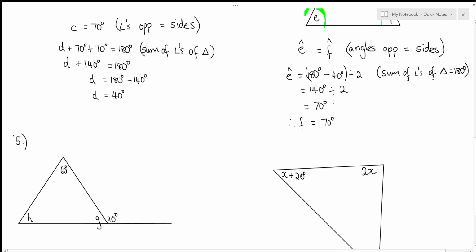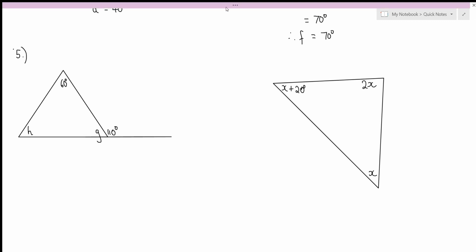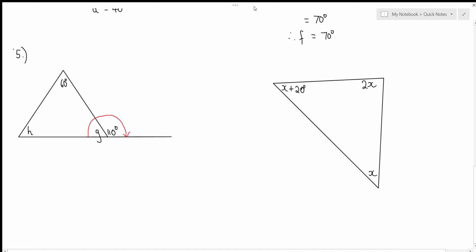Okay, let's look at number 5. Number 5 is leading on into the next lesson, which you will see in a minute. But we have an exterior angle here. If I have a look at this, this is basically angles on a straight line. So G plus 110 degrees will equal 180 degrees, because angles on a straight line add up to 180 degrees.